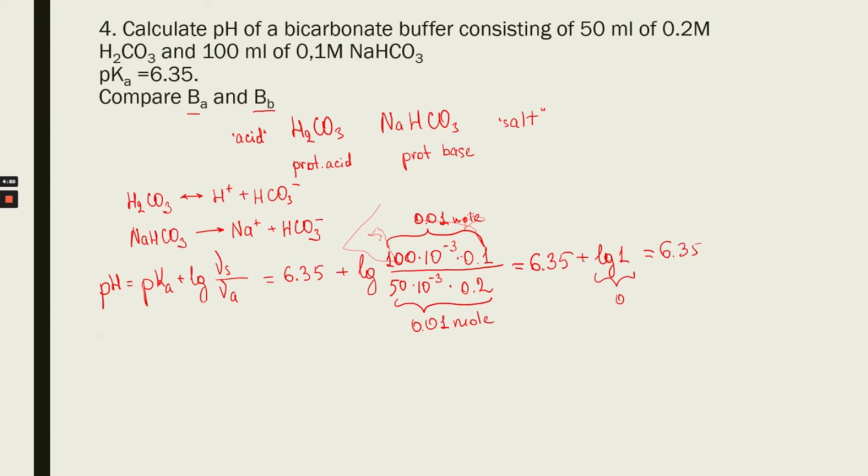If the number of moles of salt in the buffer composition is equal to the number of moles of acid, it means that buffer capacity by acid is equal to buffer capacity by base. And this is called the hydrocarbonate or bicarbonate buffer.